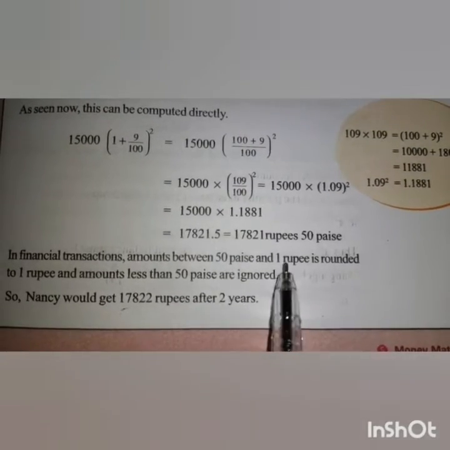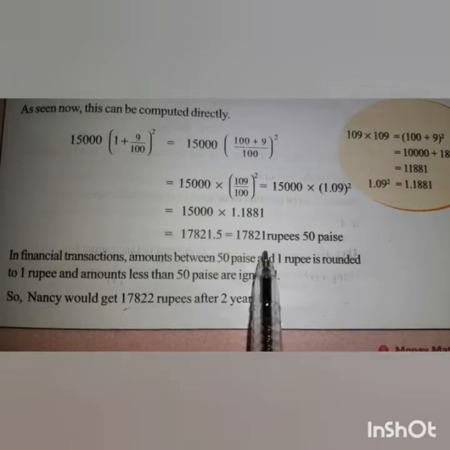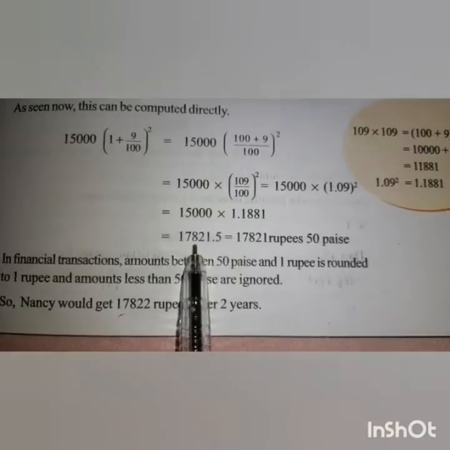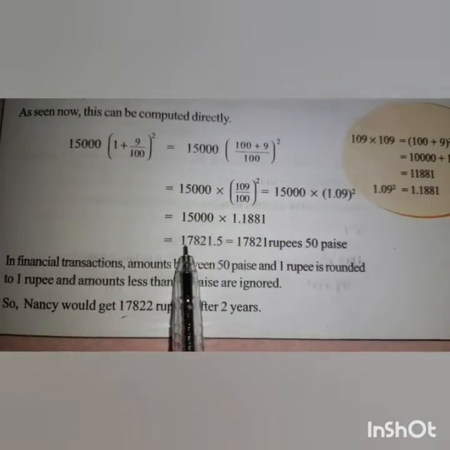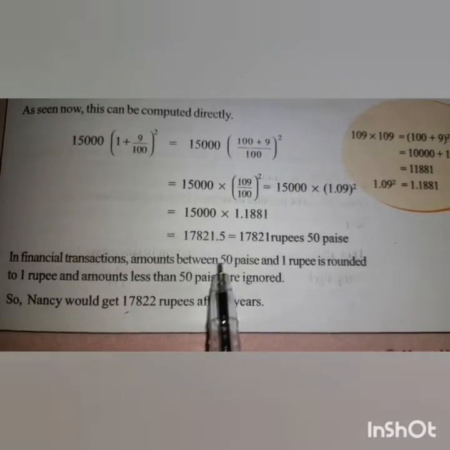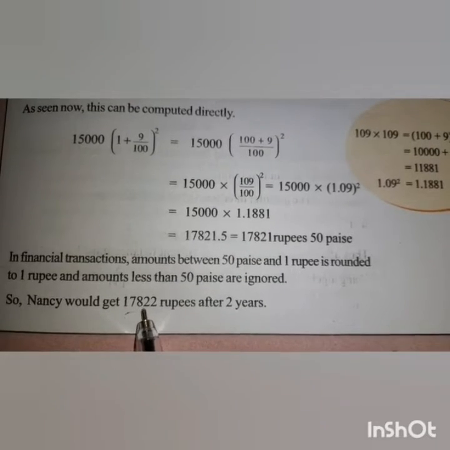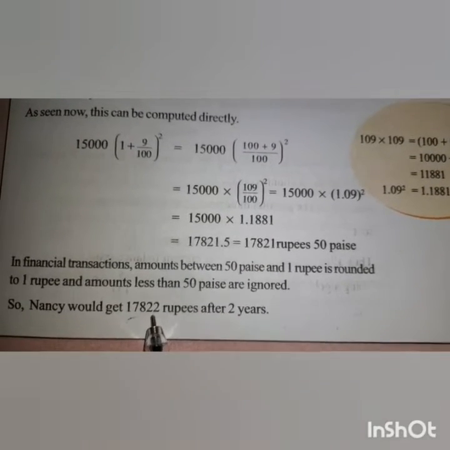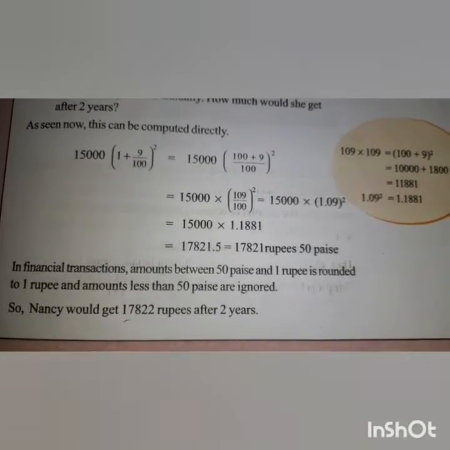If it is 17,821.4, the amount is rounded off to 17,821 only. Below 50 paise is removed, and above 50 is rounded off to the next figure. So 17,822 rupees is the final amount he is getting from the bank after 2 years.